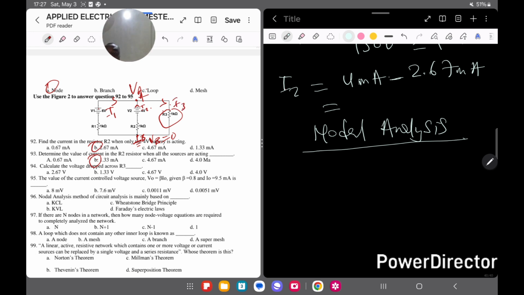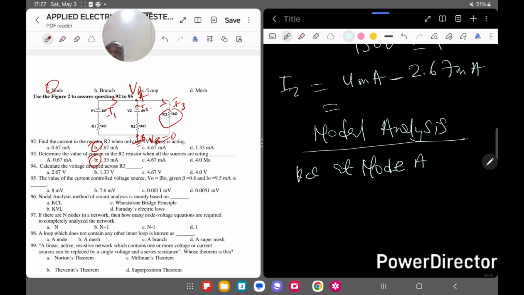Once I've done this, I can now go ahead and apply Kirchhoff's current law to node A, in terms of the reference voltage, which is VA.